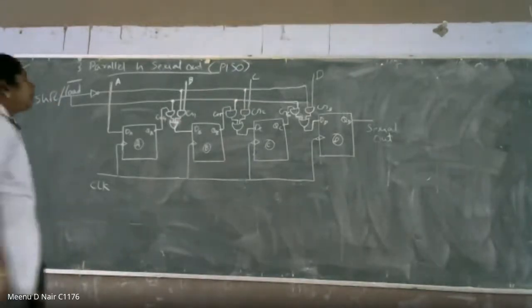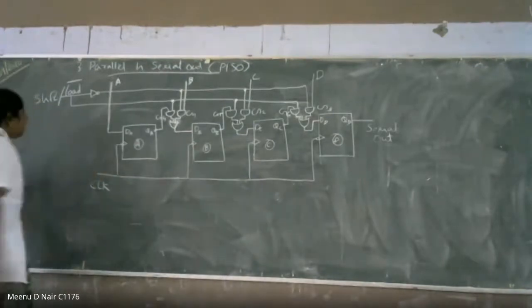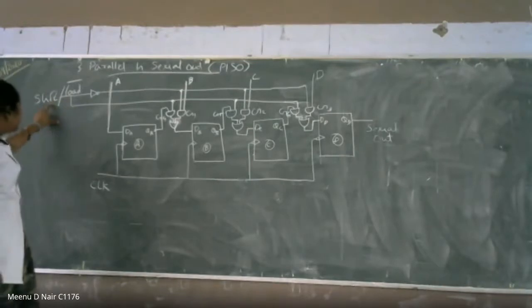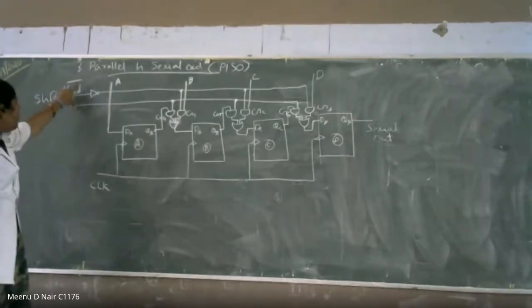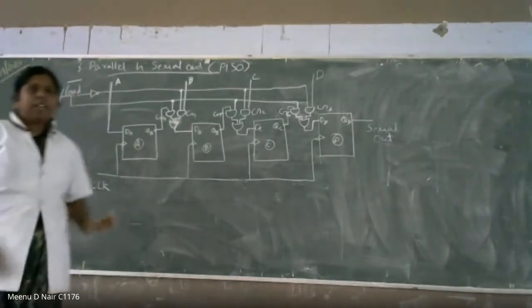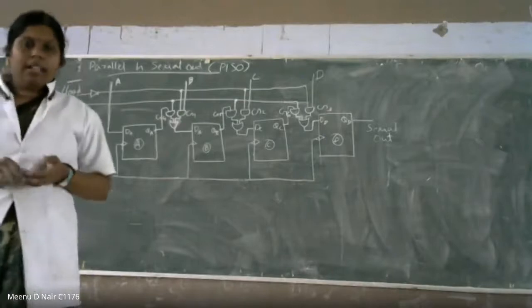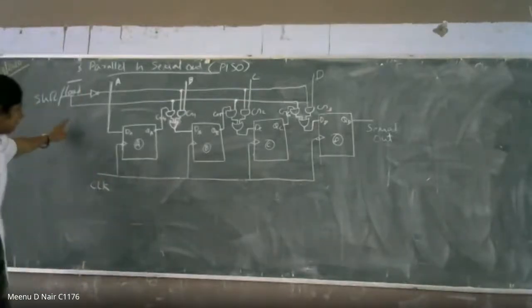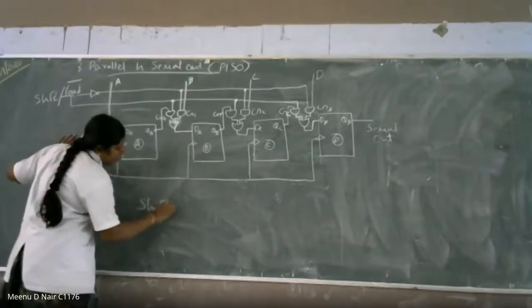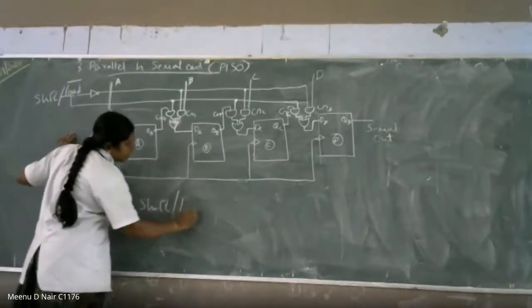There is one more input here, the select input, that is shift bar load bar. Shift or load bar. If you are giving 0 in this case, that is shift.